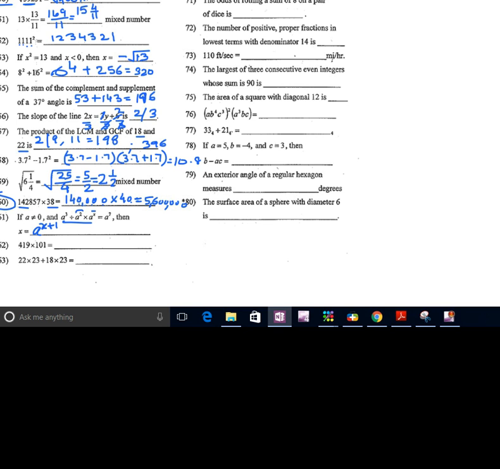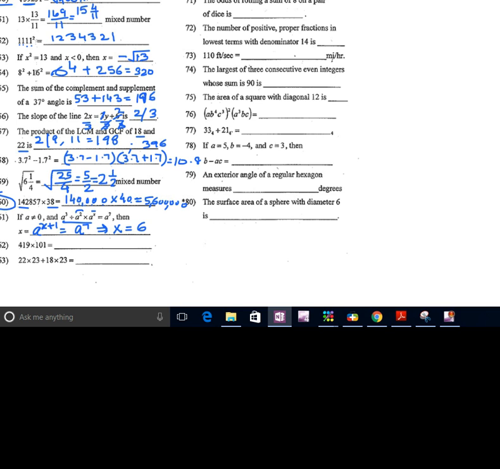So on the left side, we have a to the power x plus 1, and on the right side, we have a to the power 7. So the bases are same. That means x plus 1 is equal to 7. So this implies x is equal to 6.